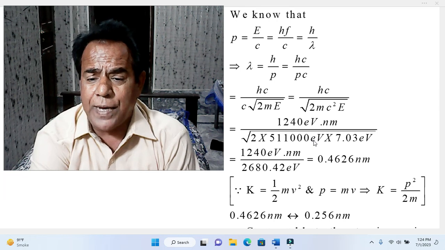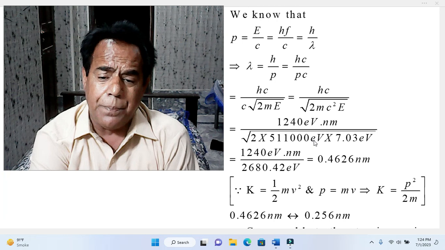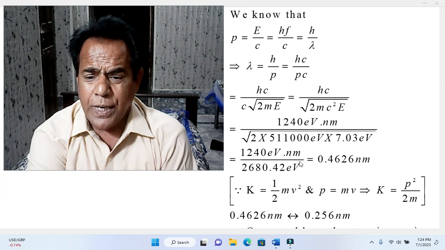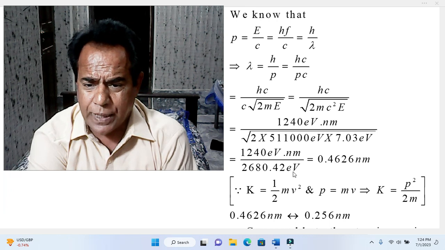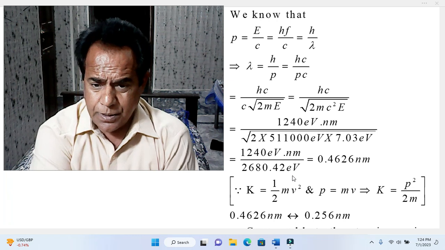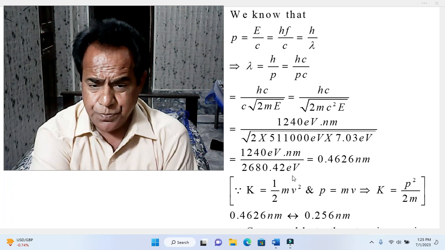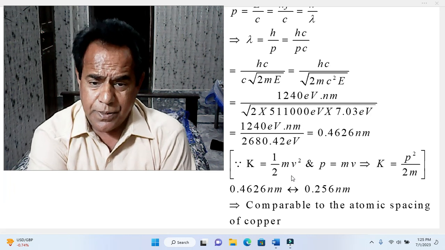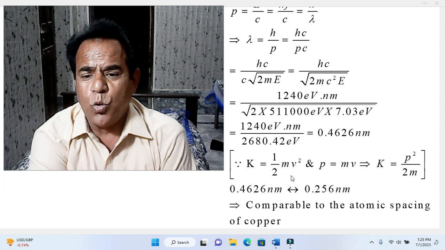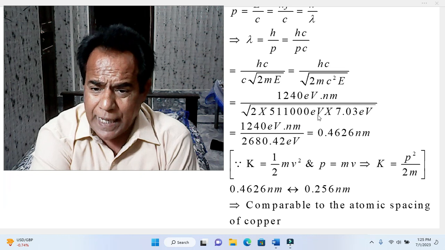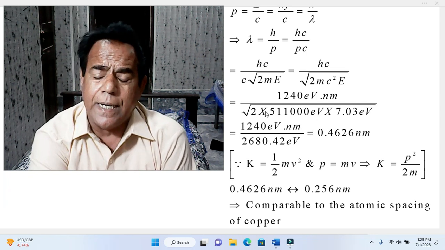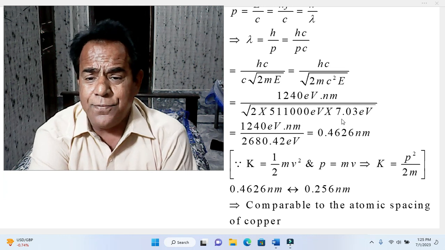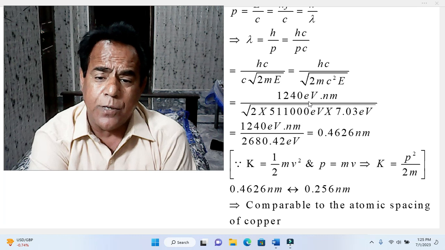The benefit of this is that it will become a single power outside the under root sign, so our result will be in nanometer. Actually, electron volt appears twice within the under root, and it will appear only once outside the under root, and this once electron volt will be cancelled with one electron volt in the numerator.